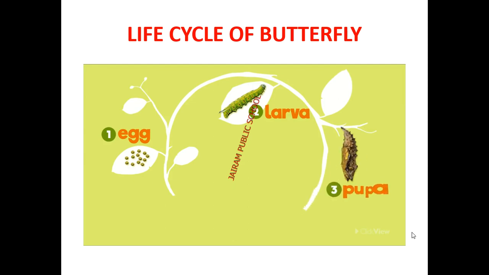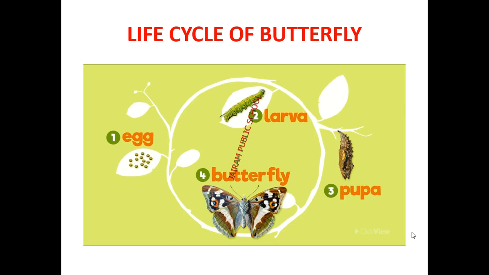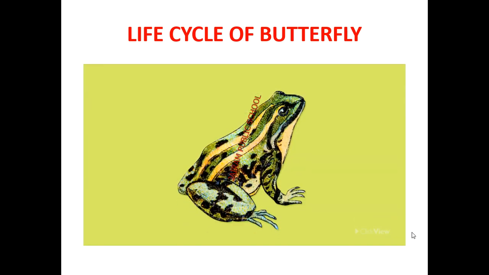As you can see, the caterpillar goes through a number of changes before it reaches the final stage of being a butterfly. This spectacular physical transformation is called metamorphosis. Metamorphosis is said to have occurred when an animal transforms from its young form into its adult form. The frog also goes through metamorphosis.